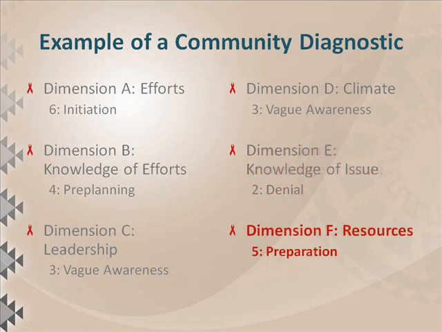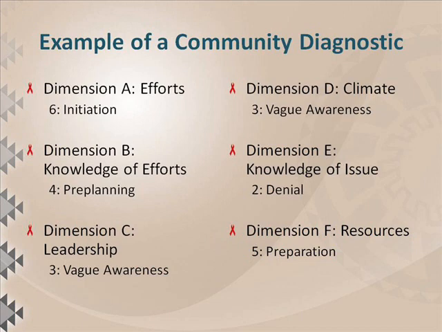And Dimension F, resources, is at a 5, preparation, which means the community does have some resources available as far as organizations giving space and people volunteering some time. What we would do with this diagnostic during a workshop is have the community select 2, possibly 3, but 2 dimensions that they'd like to address at this point in time.